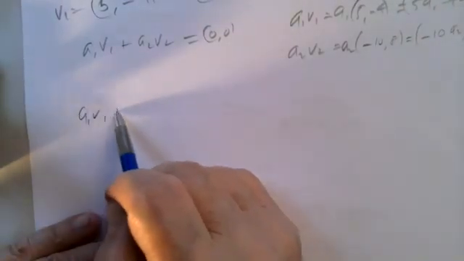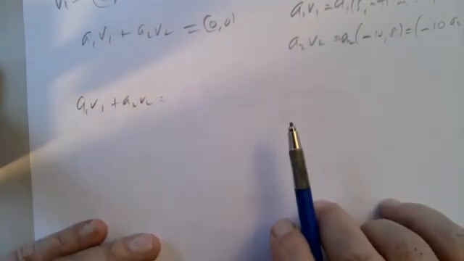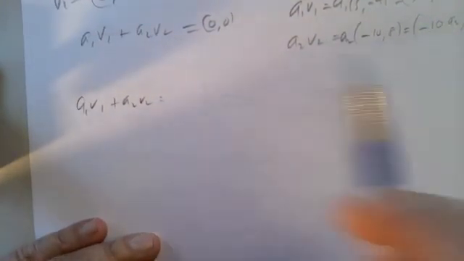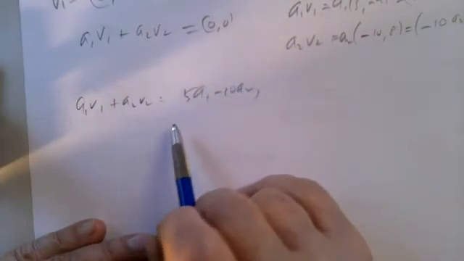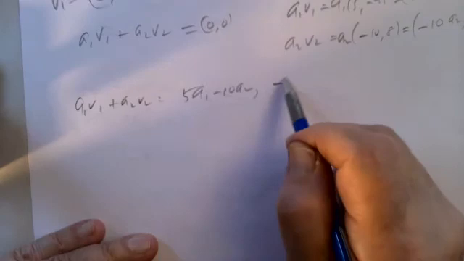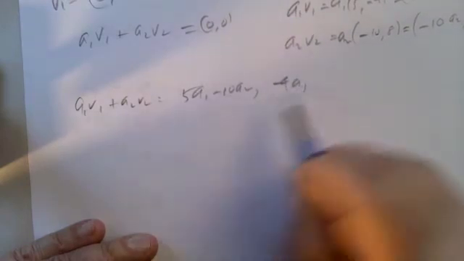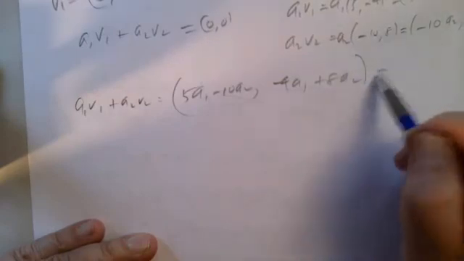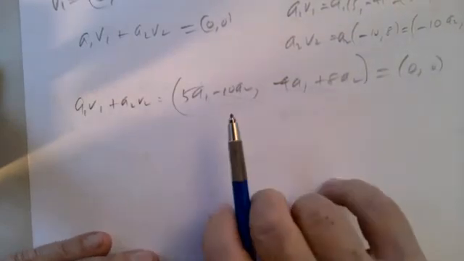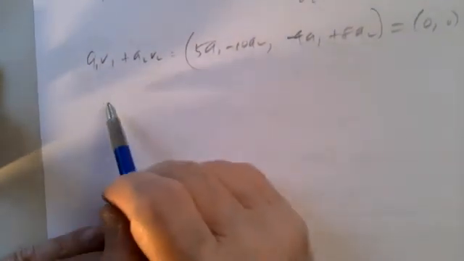So a1 v1 plus a2 v2 is equal to (5a1 - 10a2, -4a1 + 8a2). And we want to know, when is that equal to the zero vector?